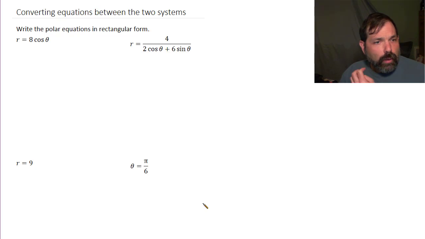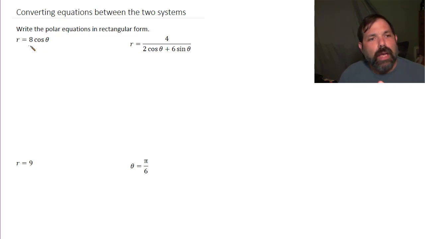All right, so here we have r equals 8 cosine theta, and we wish to write this in rectangular form. All right, so these often involve a little bit of algebraic trickery. We often have to use just some techniques to get this into the form we like.